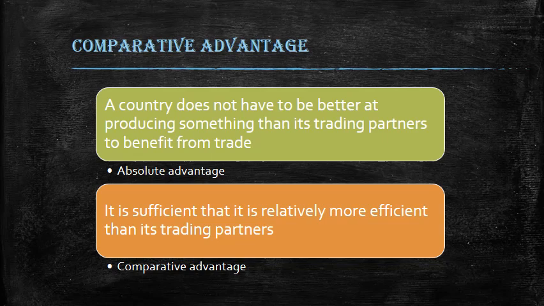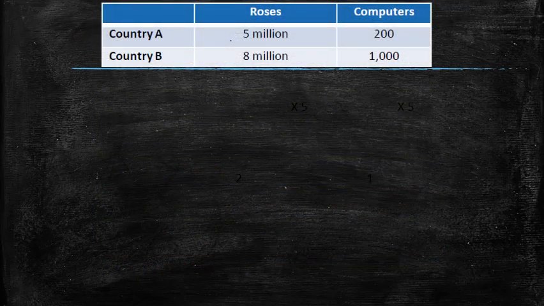So comparative advantage, which is the next theory, said that a country does not have to be better at producing something than its trading partners to benefit from trade. It is sufficient that it is relatively more efficient than its trading partners. I'll explain this with an example. Let us say there are 2 countries A and B, and country A can produce 5 million roses or 200 computers, using all the resources it has.